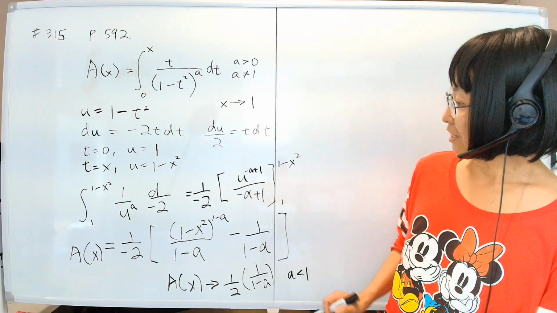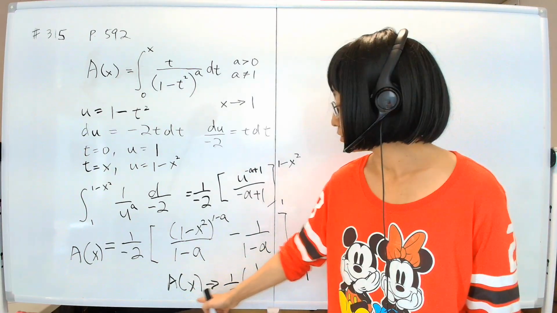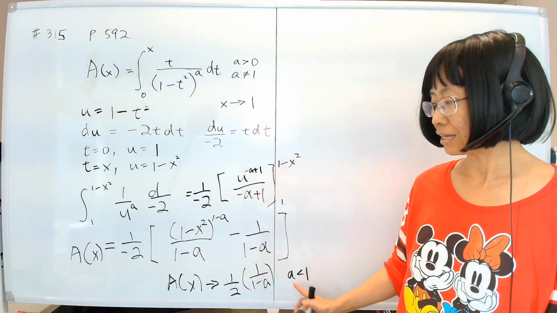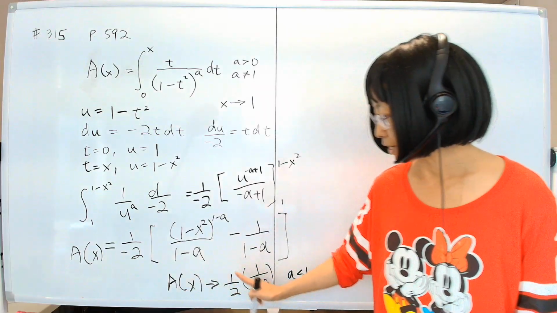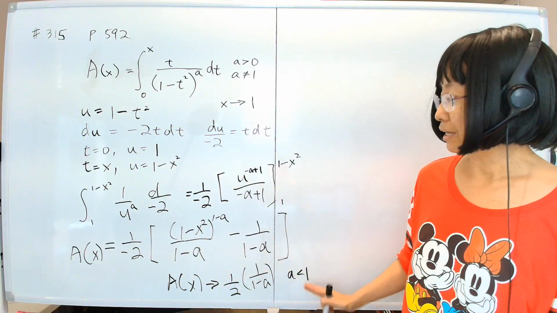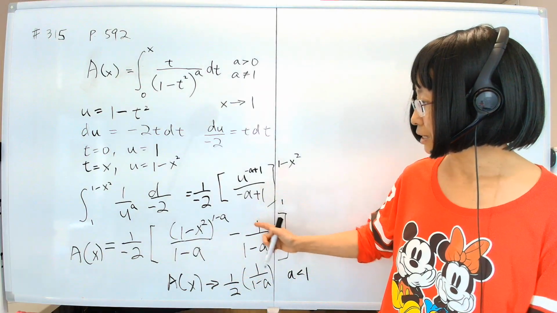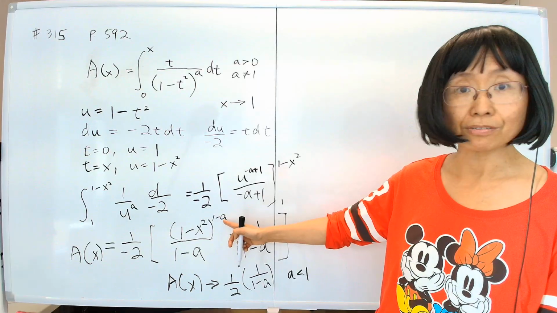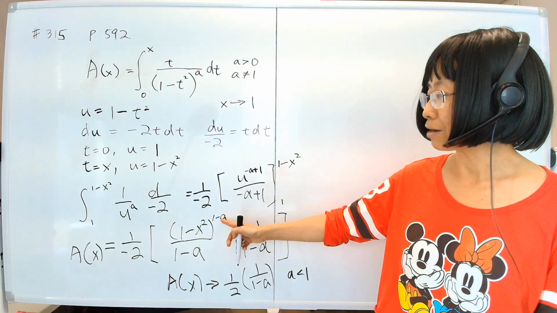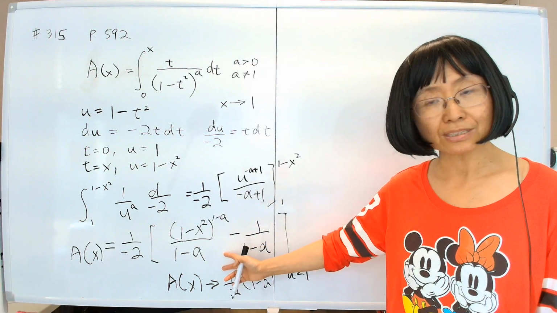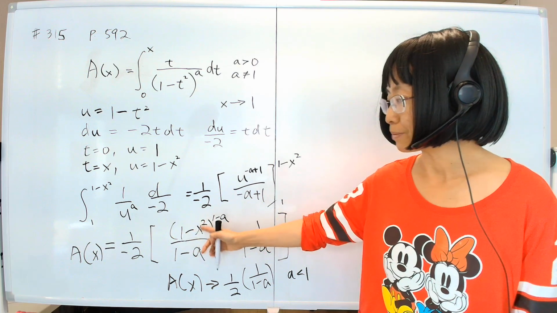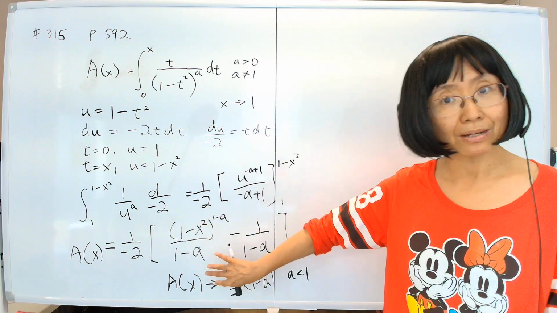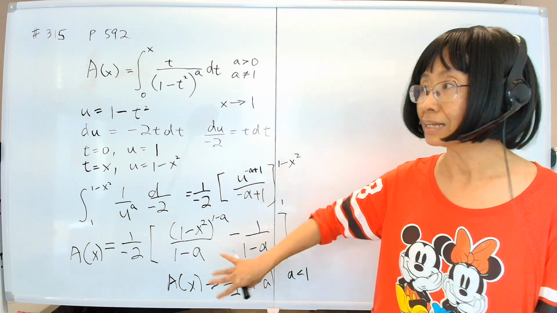Now, what's more is that the area approaches this value only if a is less than 1. If a is bigger than 1, then this becomes a negative power. When you raise to a negative power, that's the same as division. So as x approaches 1, it becomes very small, but it gets to be the denominator, then it gets huge.